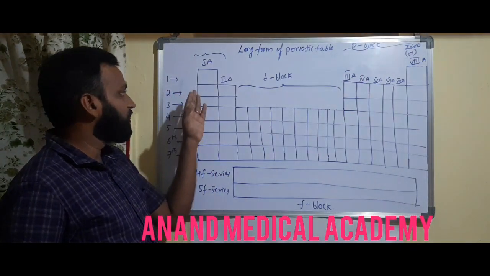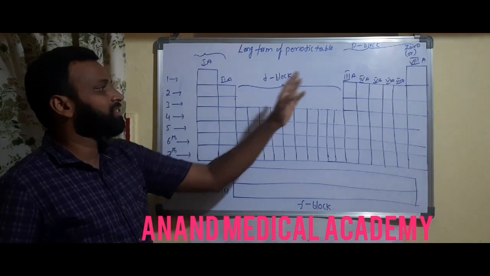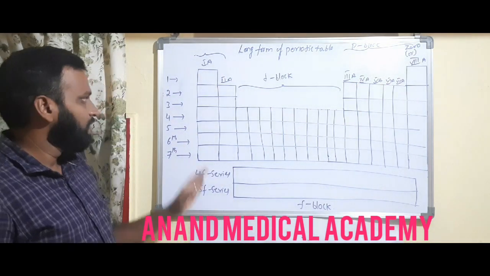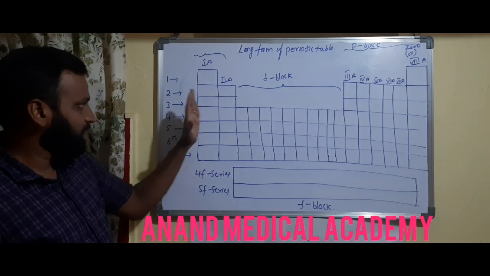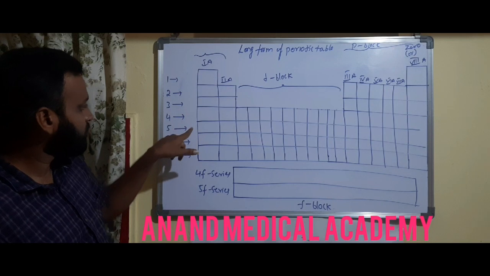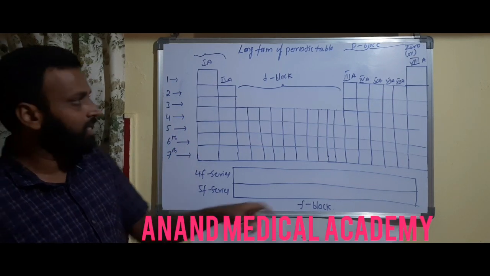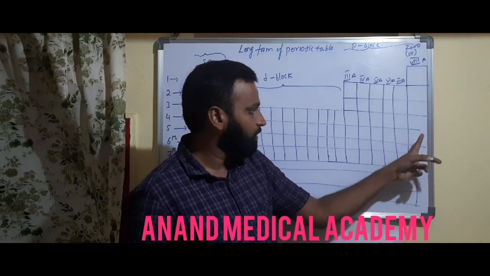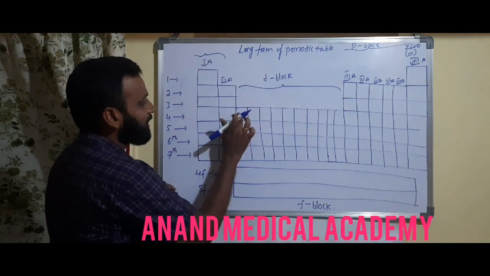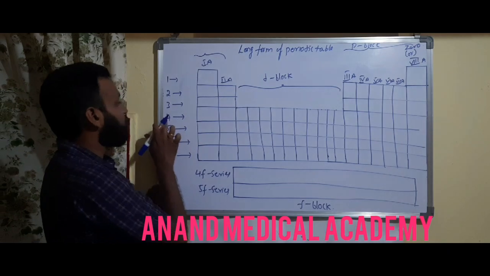Every period starts with S and ends with P, except the first period, I told you. Every period starts with S: here 1S, here 2S will start, then 3S, 4S, 5S, 6S, 7S, and here 2P, 3P, 4P, 5P, 6P, 7P will end. 3D will come here, starting from the 4th period.